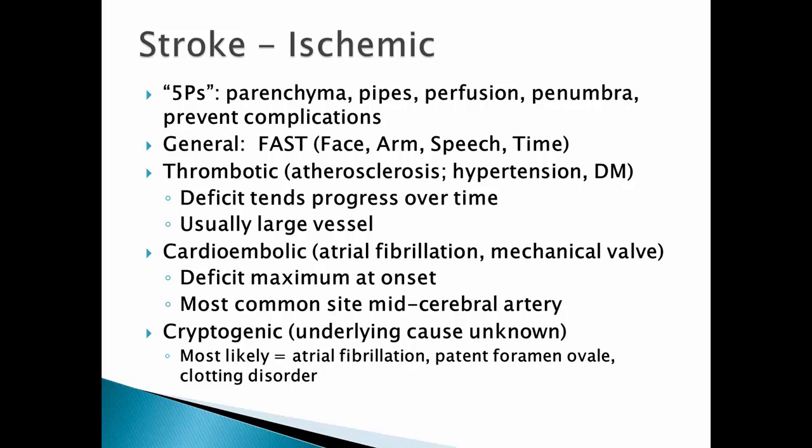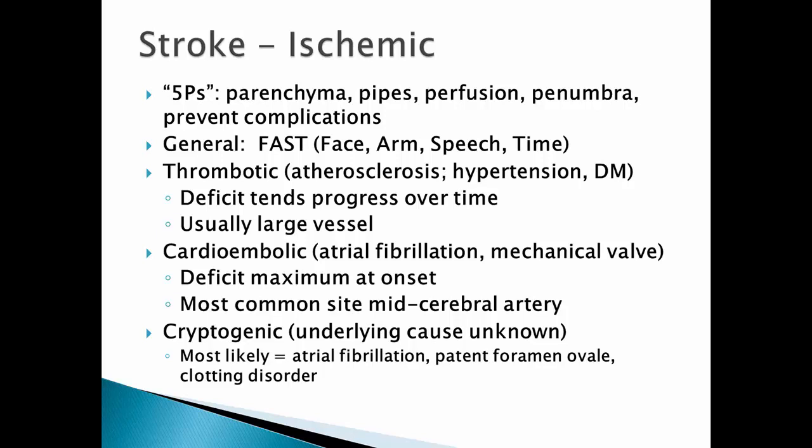The thrombus, the clot, has occurred in a vessel inside the brain, and that's where the clot came from. In a thrombotic stroke, the deficit tends to progress over time, so it evolves over time. Remember, we're talking about a thrombus from an atherosclerotic plaque within a vessel. It's usually a large vessel, because remember, if it was very small or penetrating, that would be a lacunar stroke.